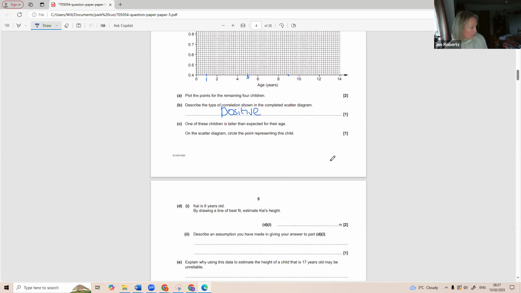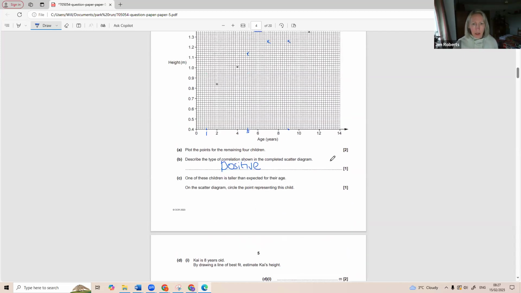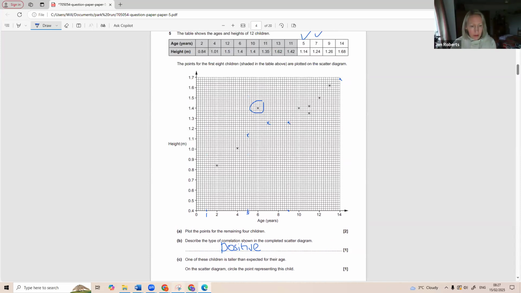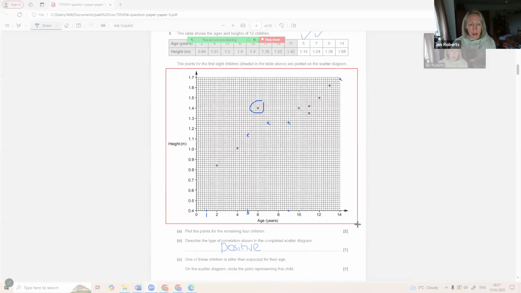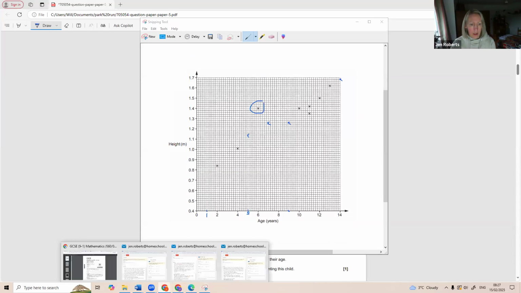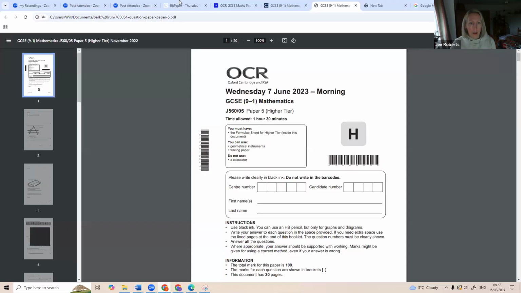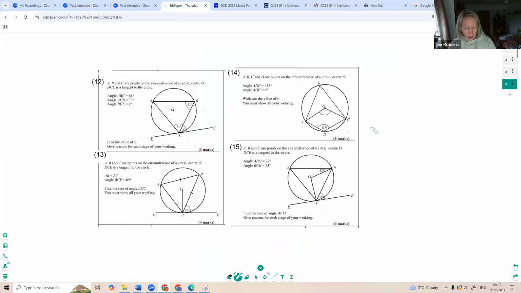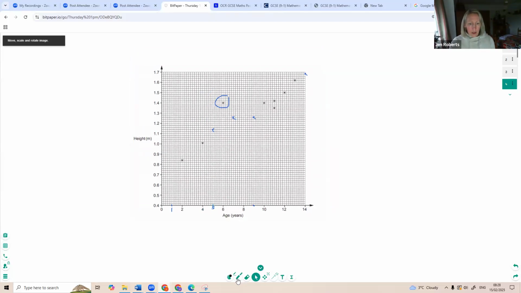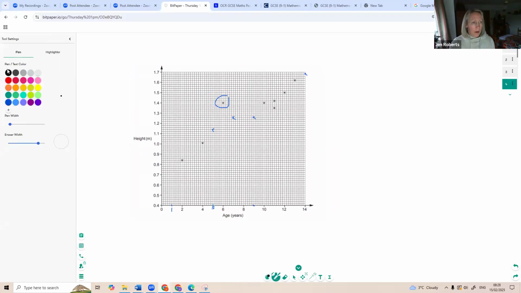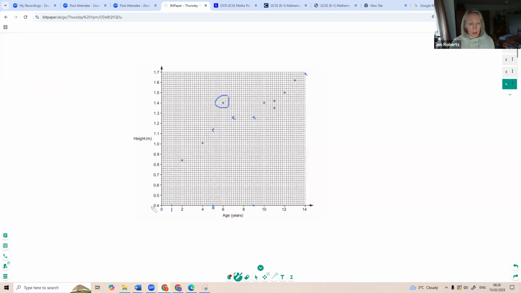Okay, I'm going to draw a line of best fit here. Let me just snip this over so I can show you how to do this. Points, remember, with a line of best fit does not need to go through your origin, or 0.4 in this case.